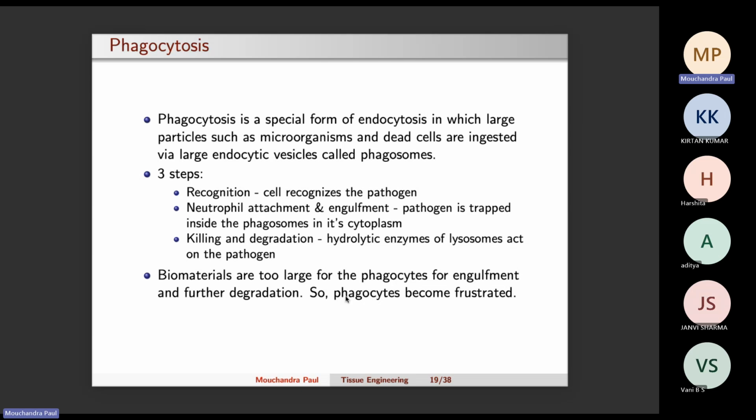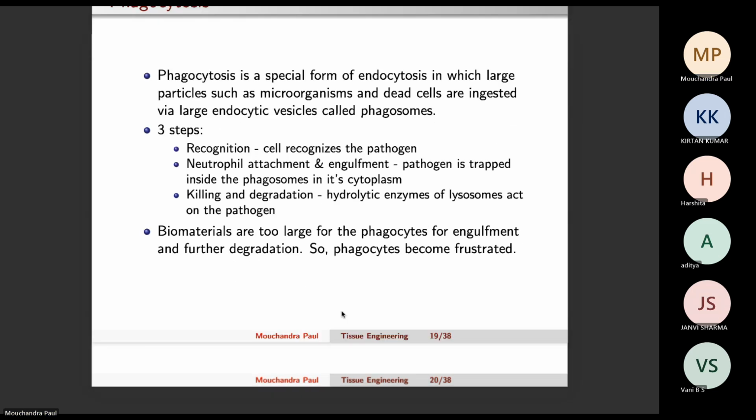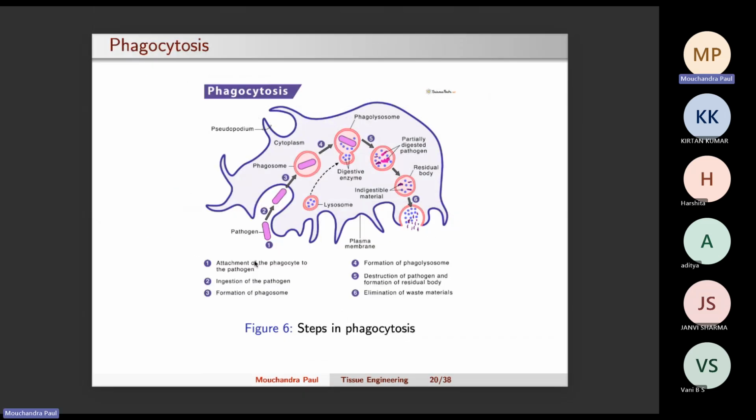Which is why the phagocytes become frustrated and give a very intense phagocytosis response, and that is called frustrated phagocytosis. We will come to that later when we discuss the next topic, which is the host response to the biomaterials.